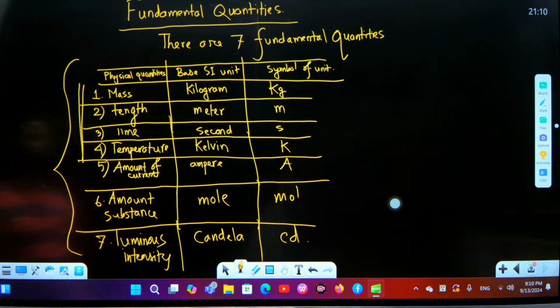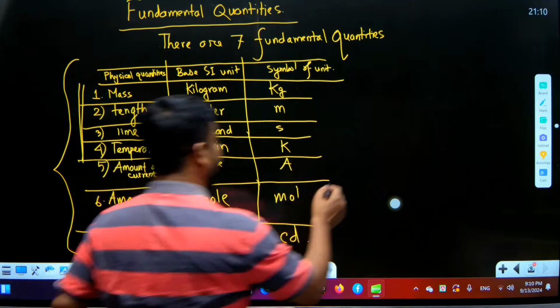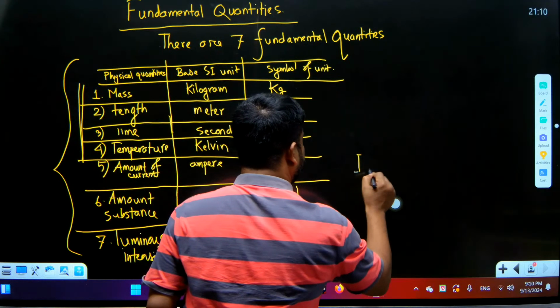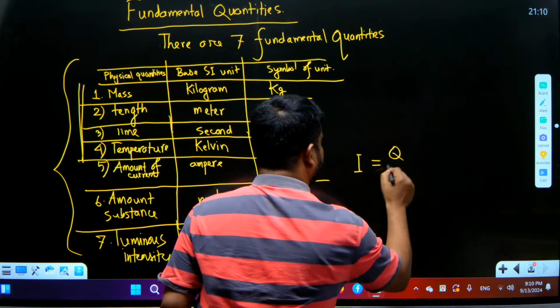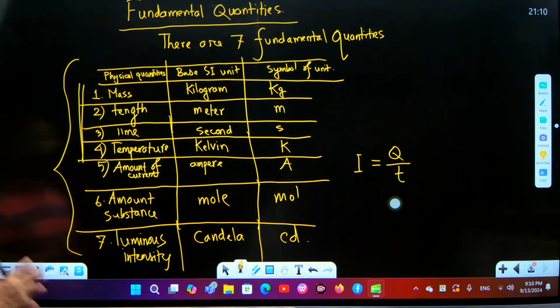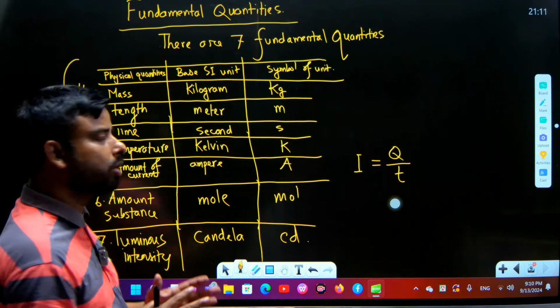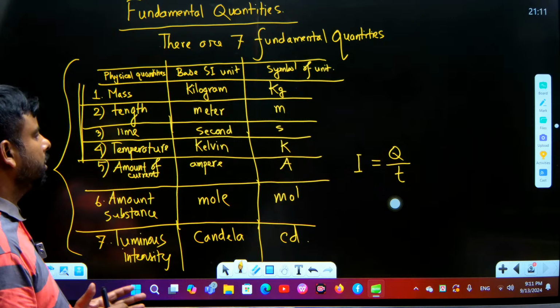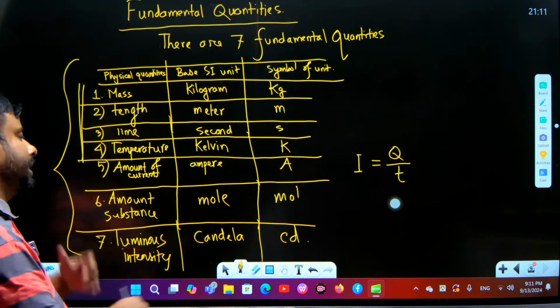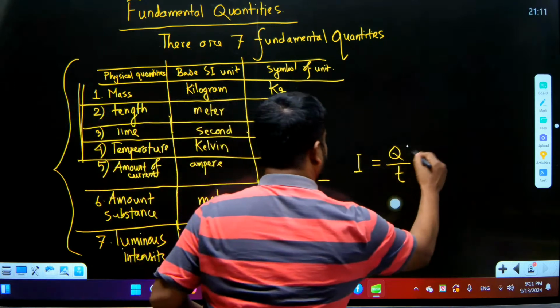There are 7 fundamental quantities, but truly fundamental quantities, there are 4. Why are these truly fundamental? Amount of current means the rate of flow of charge, charge divided by time. The meaning of fundamental quantity is that it is neutral and does not depend on other quantities; rather other quantities depend on it. So the amount of current depends on charge and time.